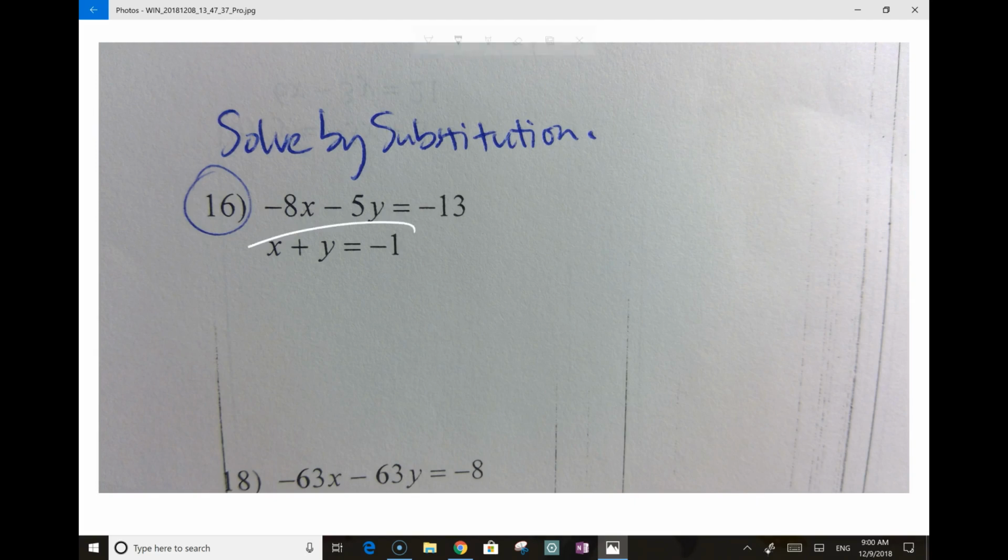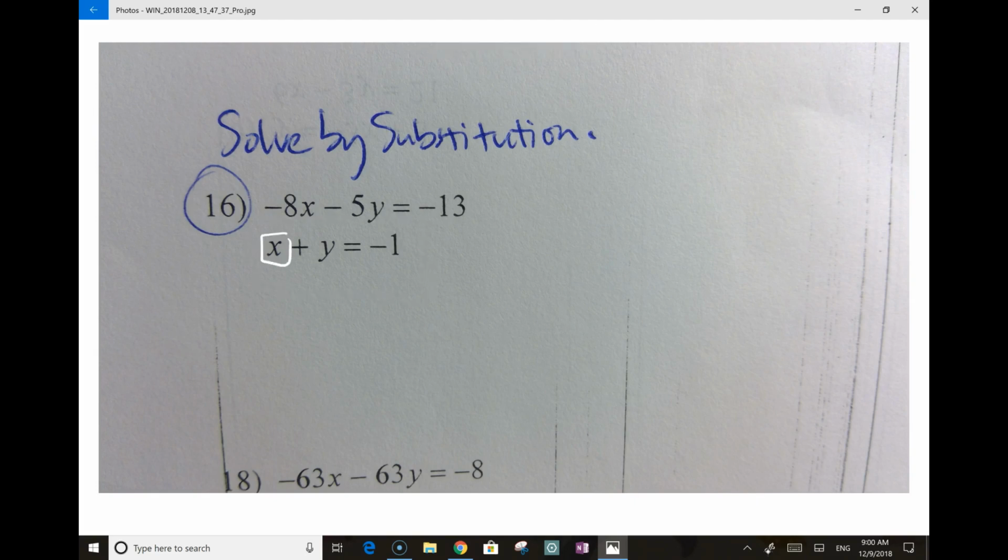So I'm going to go to this one because that equation looks the easiest. The coefficients are super simple, 1 and 1. I have no negatives to worry about like I do up there, and the coefficients are not something like 8 and 5. So I'm going to target my second equation, and within that, I'm going to choose my x.